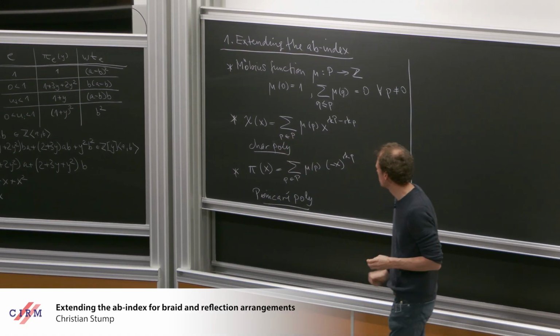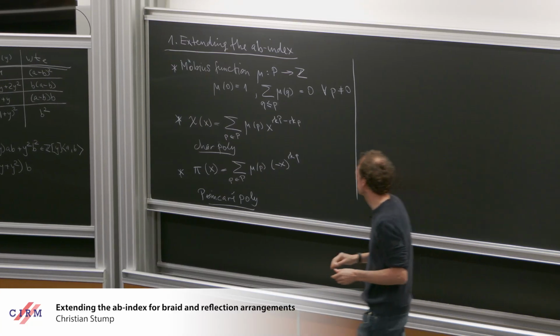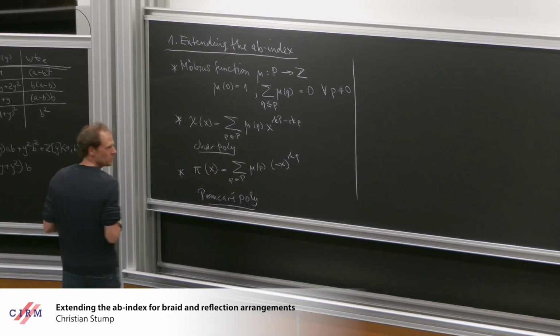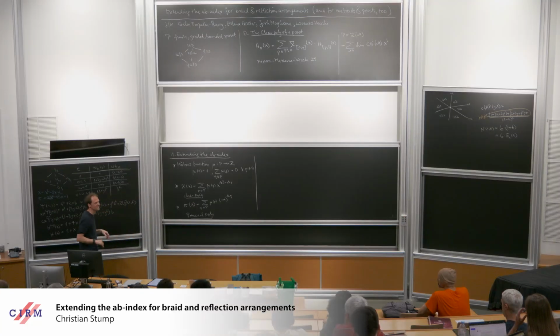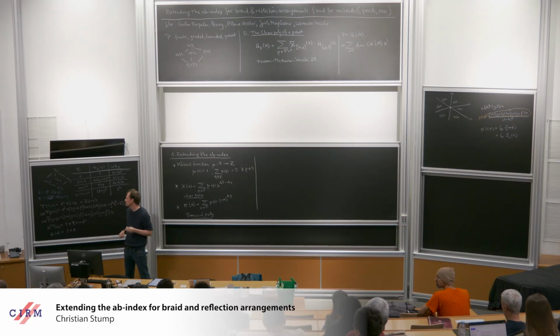Do you care that the Möbius function alternates inside, or does it matter? Yes, I do care, but I ignored it for now. Later on we want this to be positive, which is the same thing as saying the Möbius function alternates in sign. Is that automatic from the definitions?